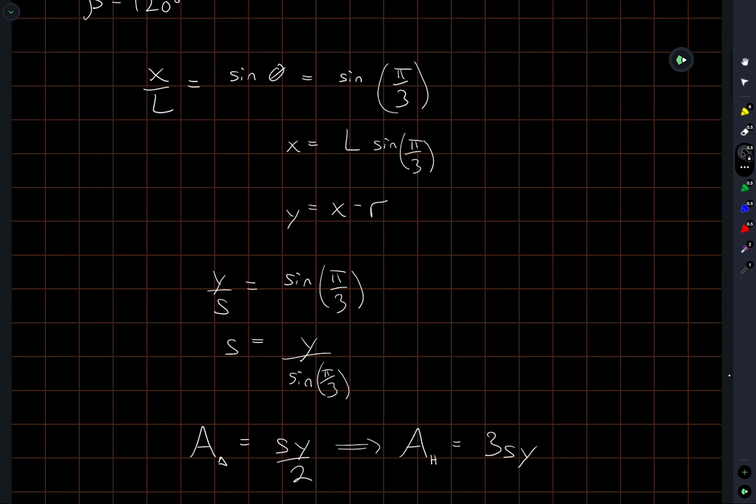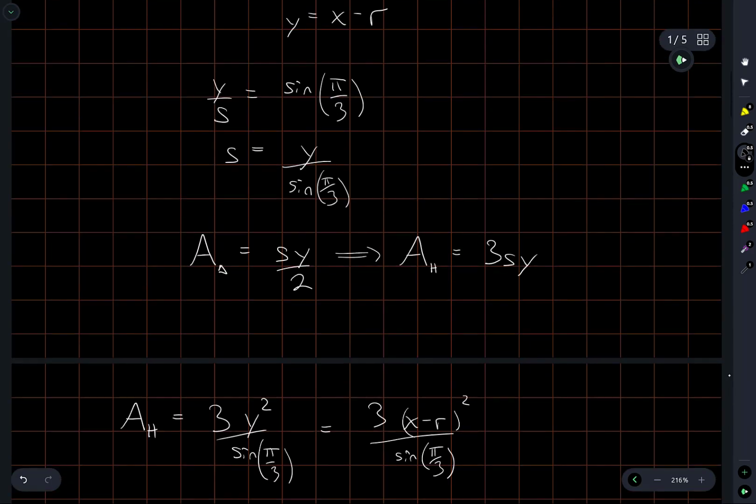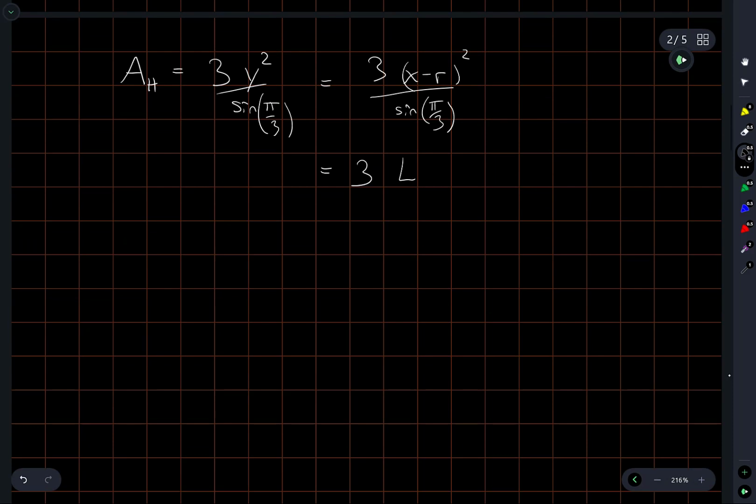Well, let's write this as, x is L sine pi over 3. So it's (L sine pi over 3 minus r) squared divided by sine pi over 3.